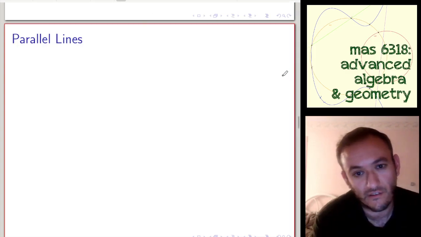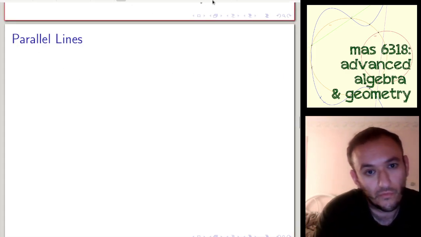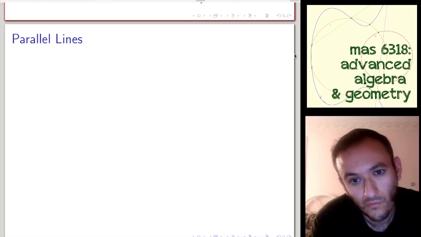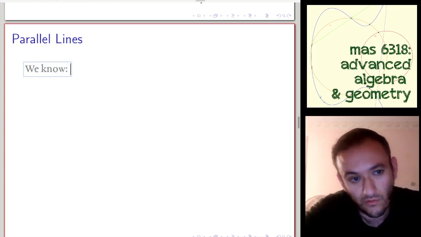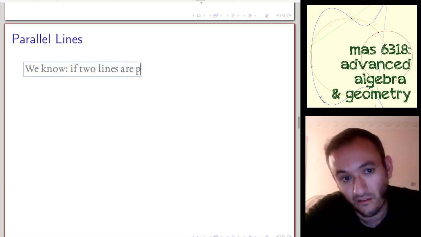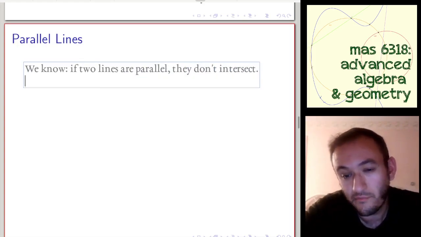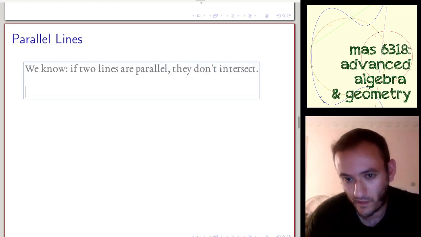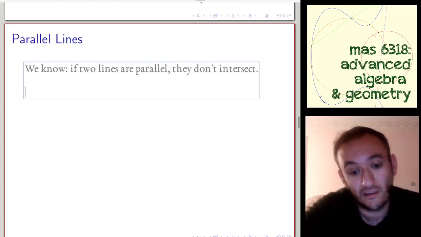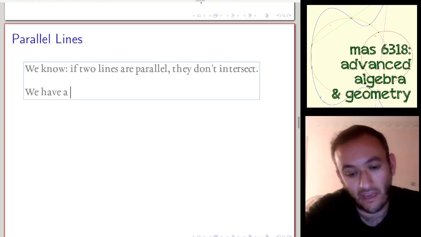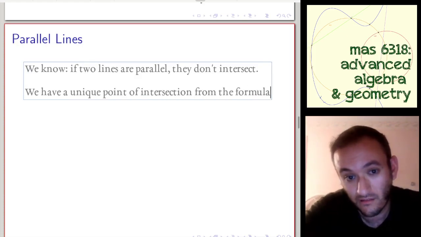Okay, what have we figured out so far? We know that if two lines are parallel, they don't intersect. But using our tools of deduction on the equations that we have for the lines in the Cartesian plane, we have a unique point of intersection from the formula.